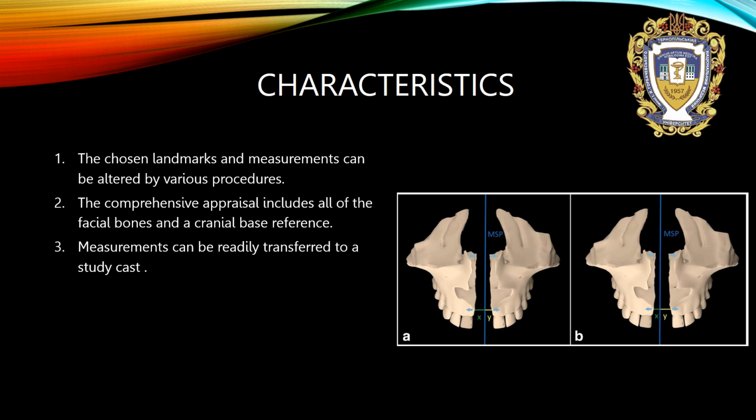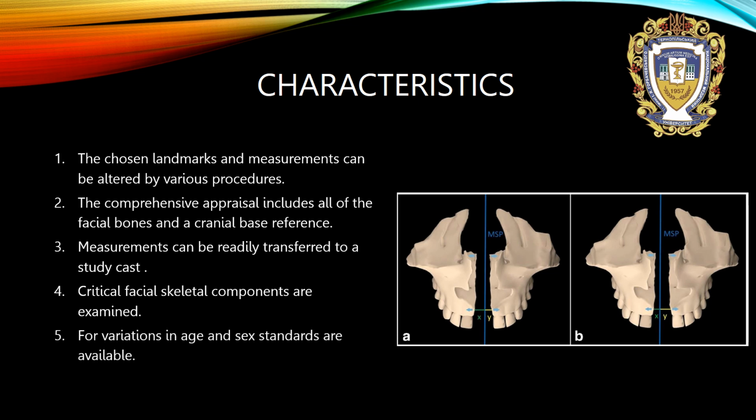Measurements can be readily transferred to a study cast. Critical facial skeletal components are examined. For variations in age and sex, standards are available. A computerized systematic approach to measurement can be used.